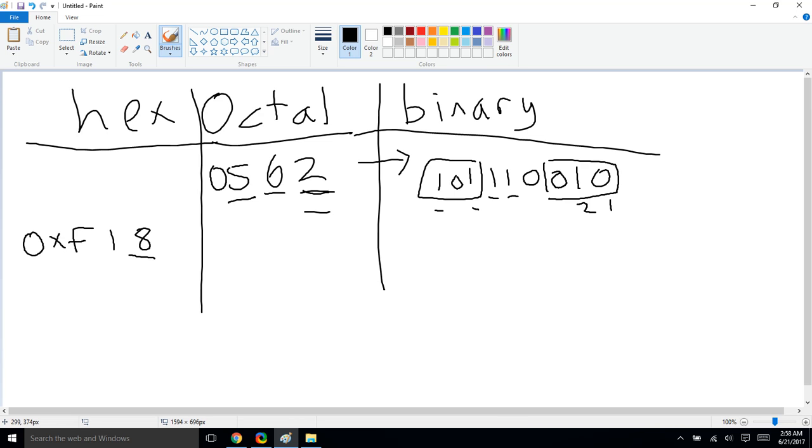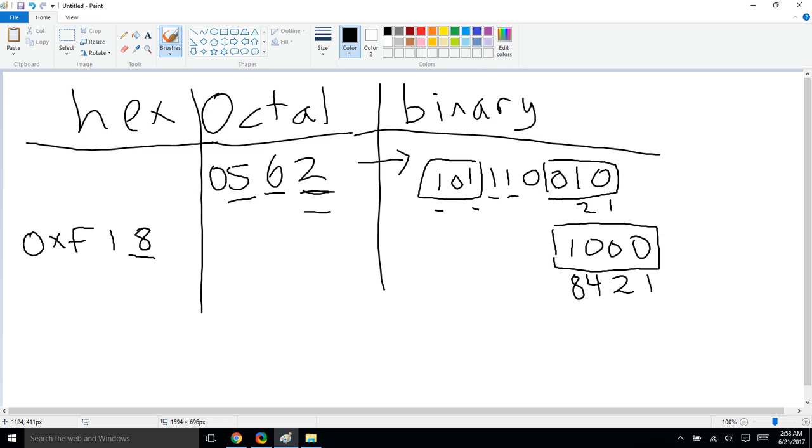So we start with the 8 and write that as a binary number, and I'll write down 1, 0, 0, 0. That is the answer. Now you can check. This is the 1's place, 2's place, 4, and 8. So 1, 0, 0, 0 is the binary value for 8.